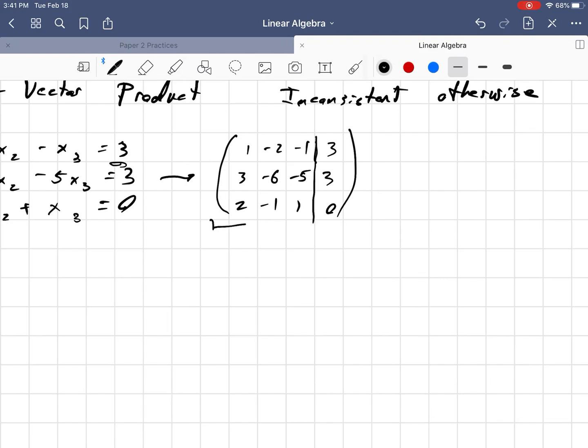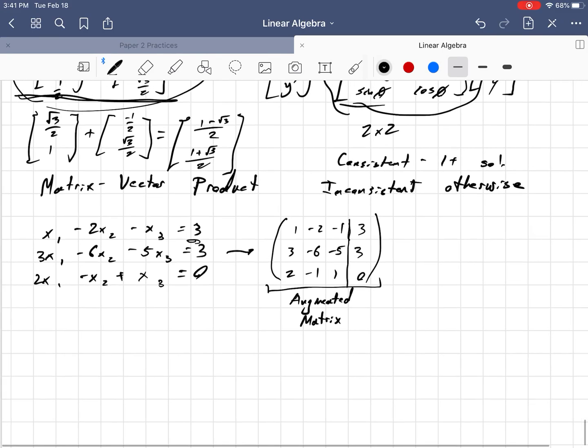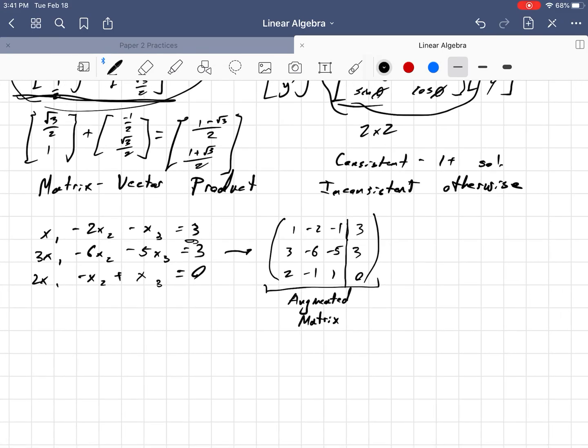And we call this matrix, the whole thing, the augmented matrix of our original system. And as you can see, it tells us everything that we would want to know about the system, written in a much more compact form.